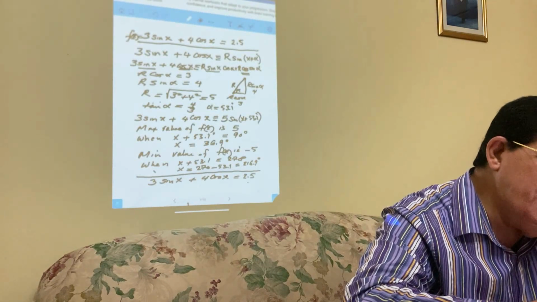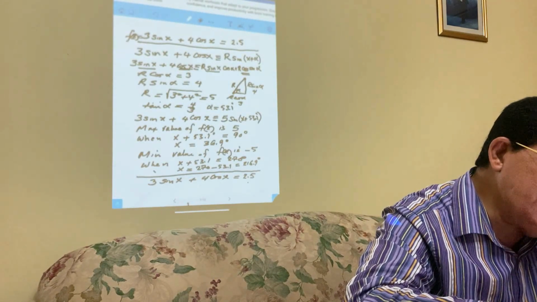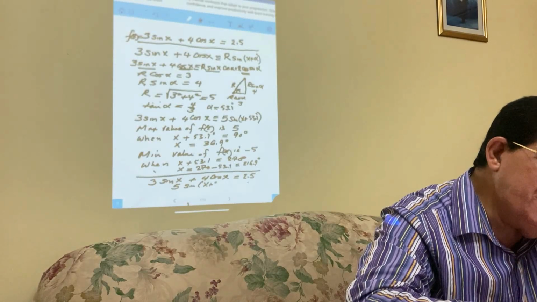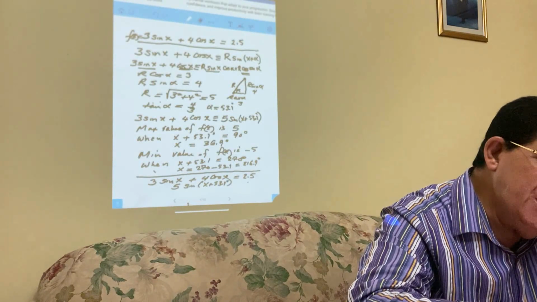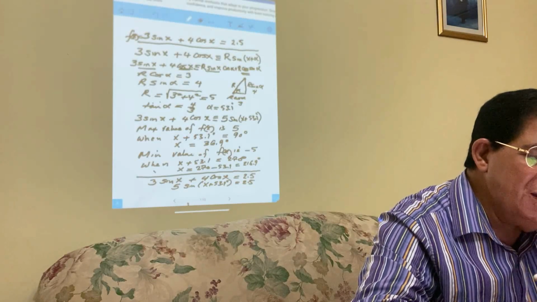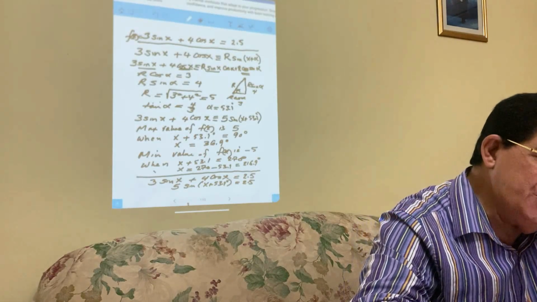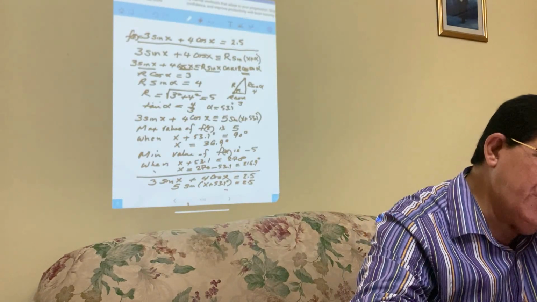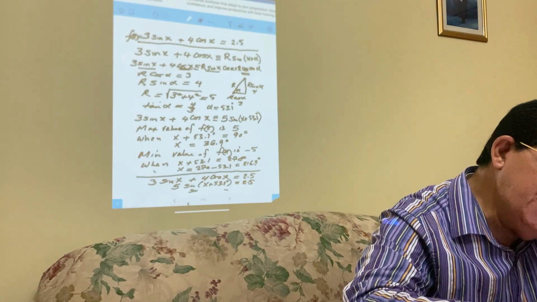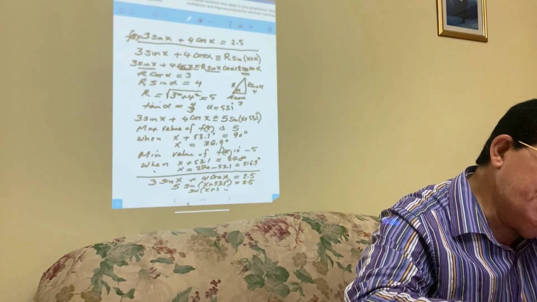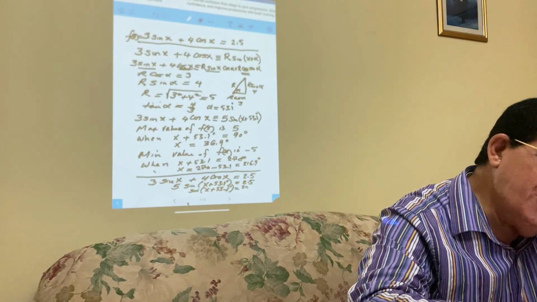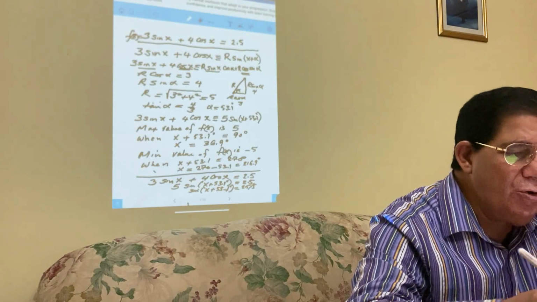Now we can solve, because we can put instead of this 5 sine x plus 53.1 degrees equal 2.5, and now we can solve it easily like an AS question. Sine the angle equal 2.5 over 5, and we got the angle and so on. Yani sine x plus 53.1 degrees equal 2.5 over 5. And then we complete the question.